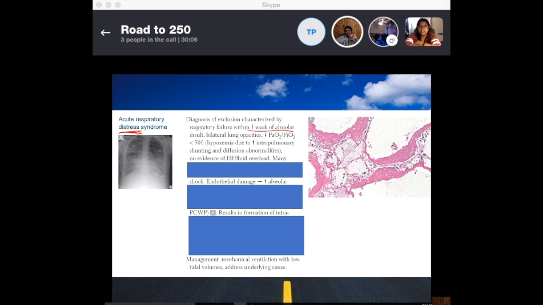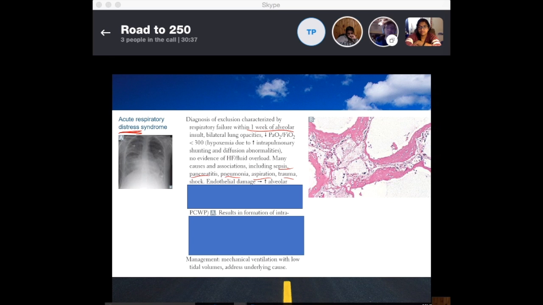Trauma. Right, like a car accident, which I'm pretty sure is the very first question on the UWorld Form 1, if I remember correctly. And there's one more that's not always intuitive, but it is tested frequently. Acute pancreatitis. So we got sepsis, trauma, aspiration, pneumonia, and pancreatitis.